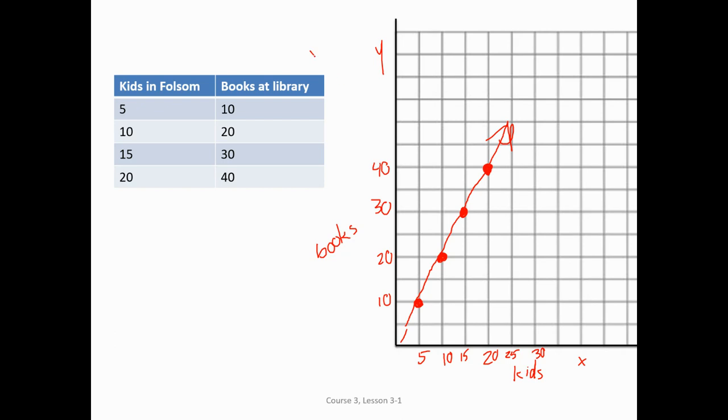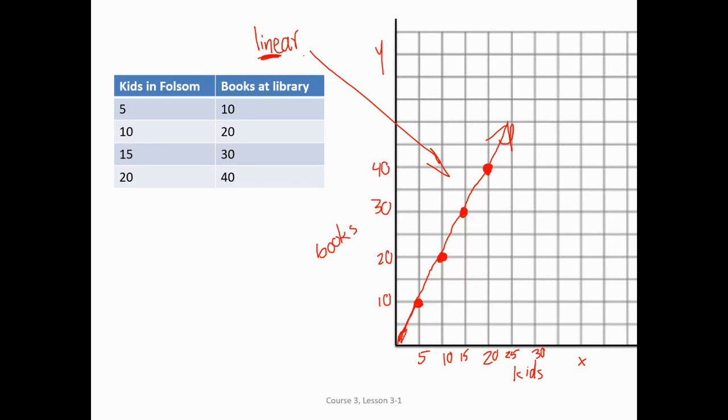Well, we have a word for that, and this lesson is all about that word. We call it linear. Luckily, this is an easy word to remember because linear has the word line in it. And so what that means is we're forming a straight line on the graph. Now, it has to be a straight line if it's following a constant ratio.